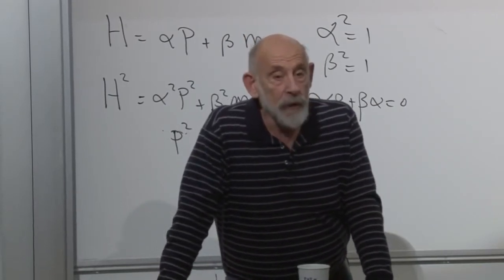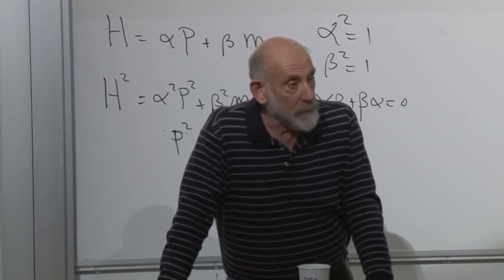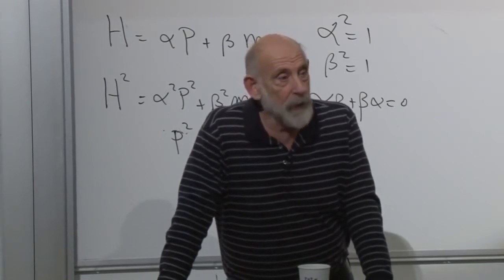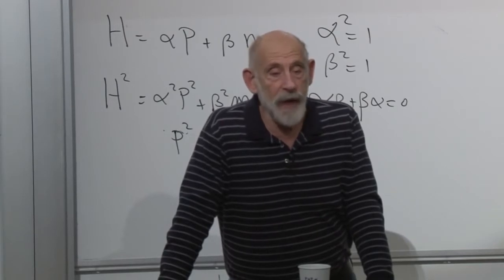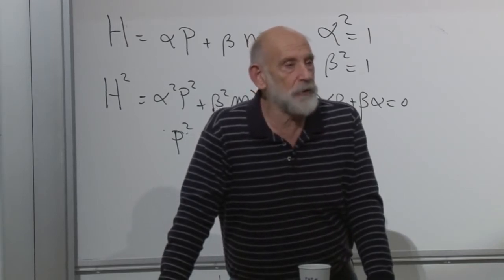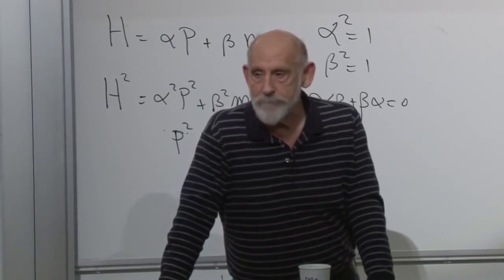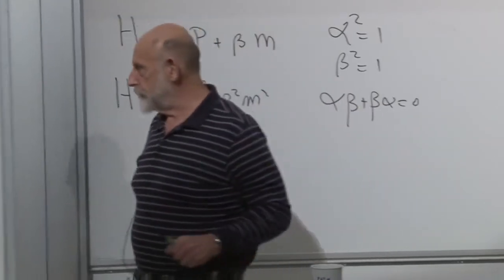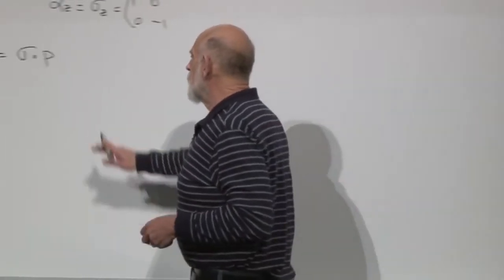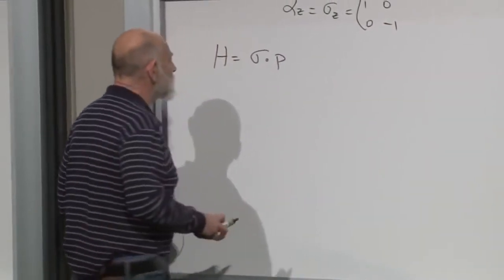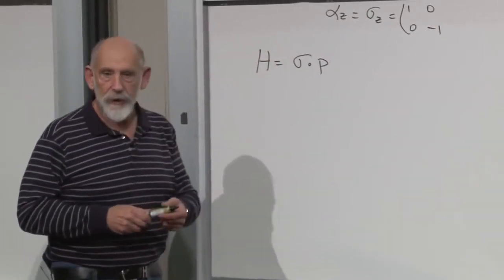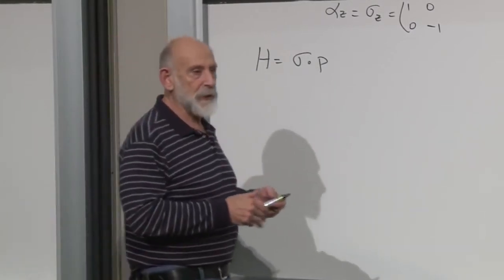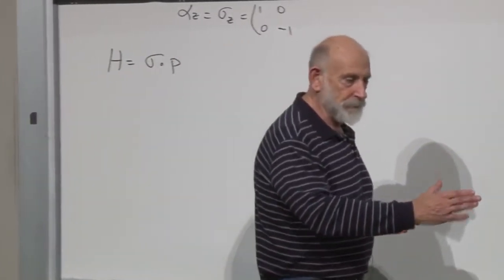Okay? Good. So it's a massless particle, but it has the odd behavior that its spin is always, well, let's go back. Sigma dot p. Its energy is proportional to the component of its spin along the momentum direction.